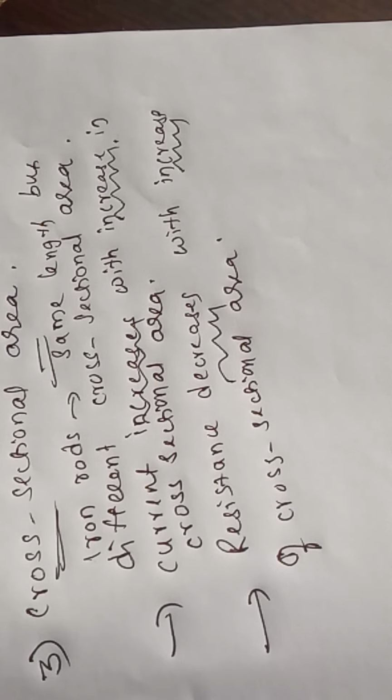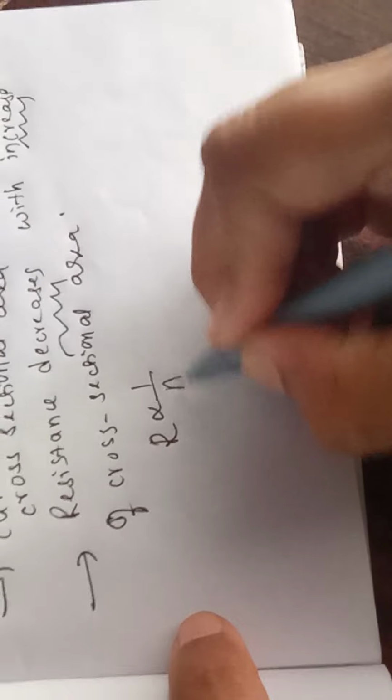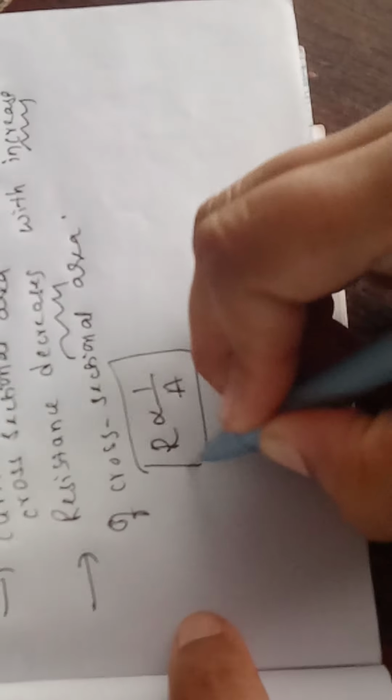So only the flow of current is increasing. So we can say that resistance of a conductor is inversely proportional to the cross-sectional area. That is R proportional to 1 by A.